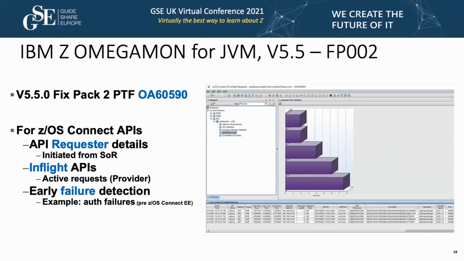We've also provided some insight into in-flight APIs. So active requests, you don't have to wait for the API call to succeed or fail to see details about it. And this again gives you more of an observability, a view of the now, what's going on with your critical system APIs. We've also added early failure detection.